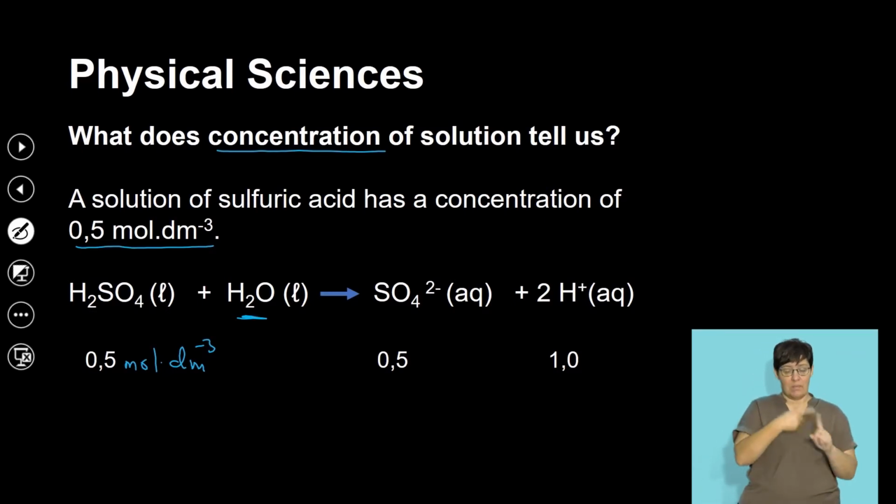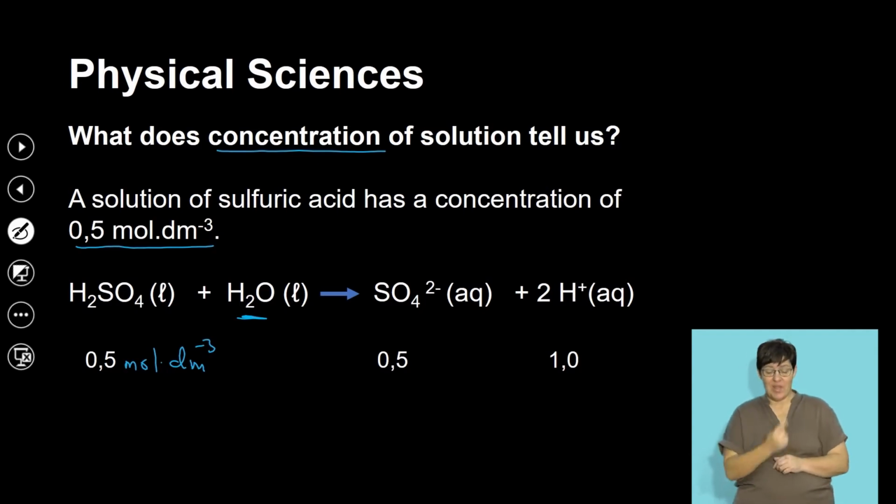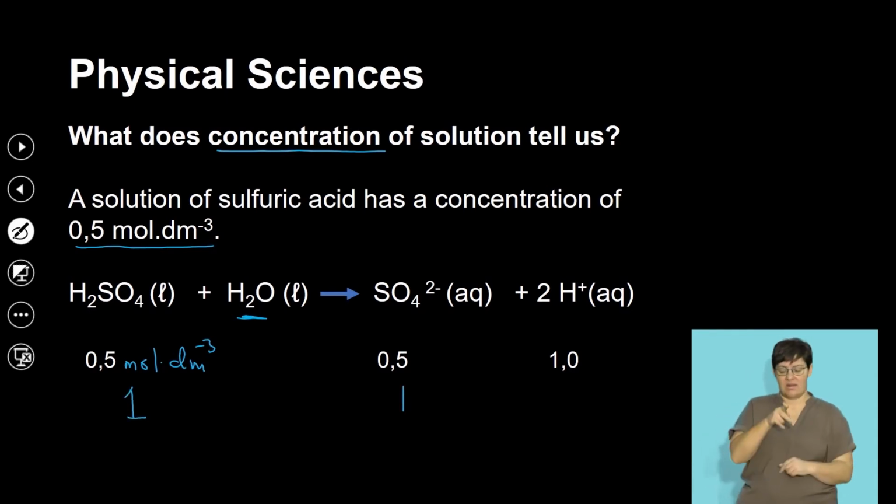Now, remember, what this acid does is, in the presence of water molecules, there are two ions that make up that substance, the sulfate and the hydrogen ion. So for every mole of sulfuric acid, there is double the number of moles of the hydrogen. And again, for every mole of the sulfuric acid, there is the same number of moles of the sulfate ions. So when this acid ionizes, the concentration of the sulfate ion will be the same as that of the sulfuric acid because of the stoichiometric ratio 1:1, right?